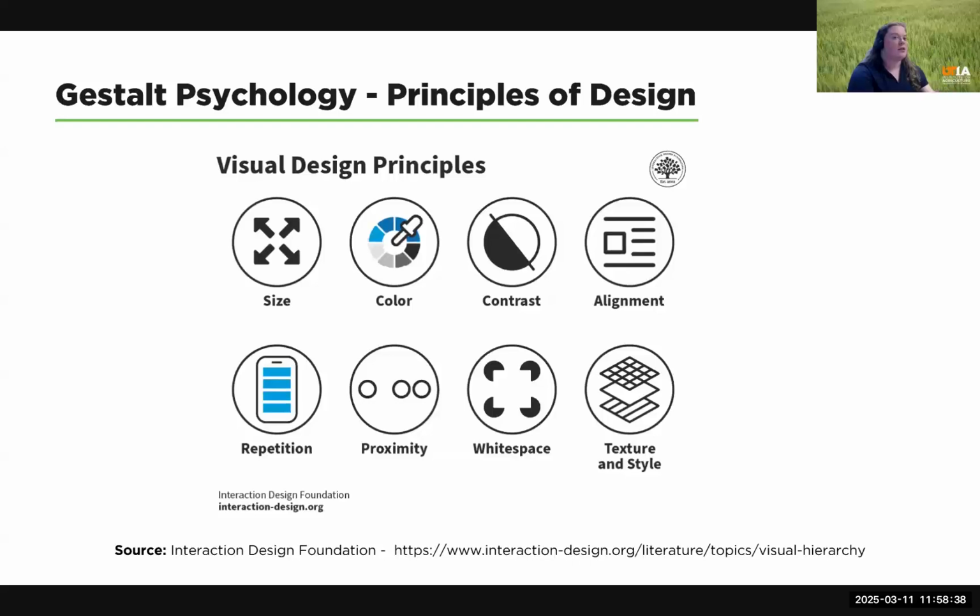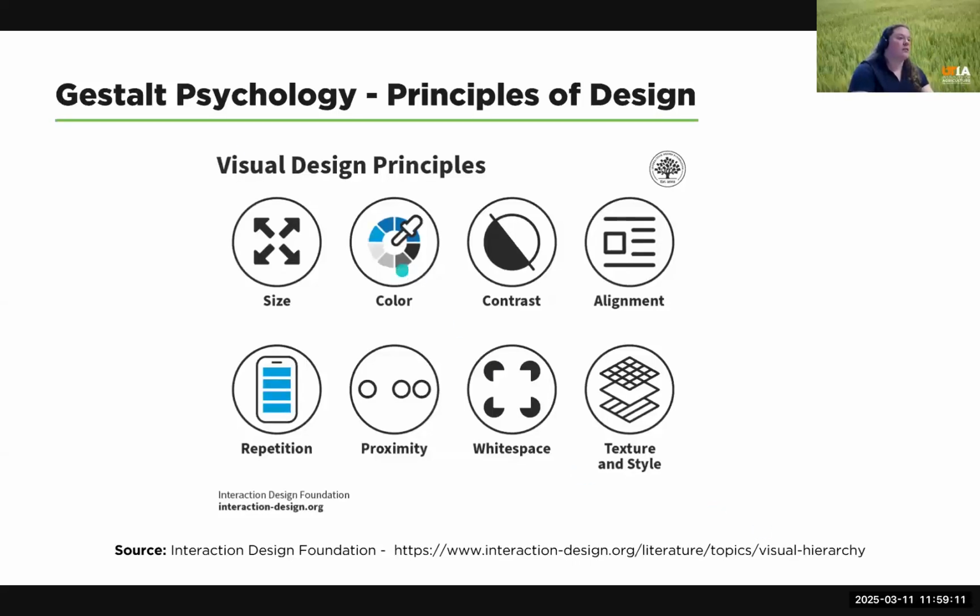And Gestalt psychology just refers to how we look at visual elements and the human experience with different design concepts. So the idea behind Gestalt psychology is that our mind informs our eyes by picking up on individual elements or patterns in a whole.